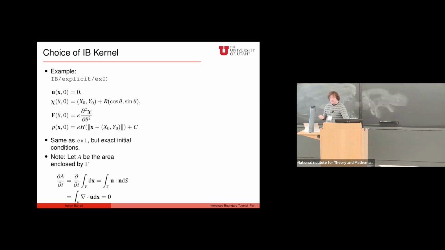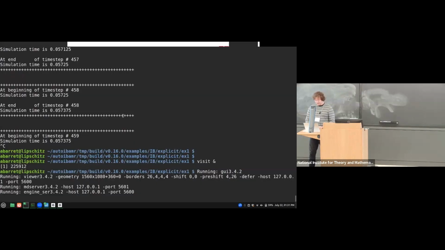So we're going to set the structure in its initial location. In fact, that's exactly what EX0 does. We set the structure in a circle. The force is the same force as we had before, but now it should be in its steady state configuration. What we expect to happen is for nothing to happen. And we'll see what happens.